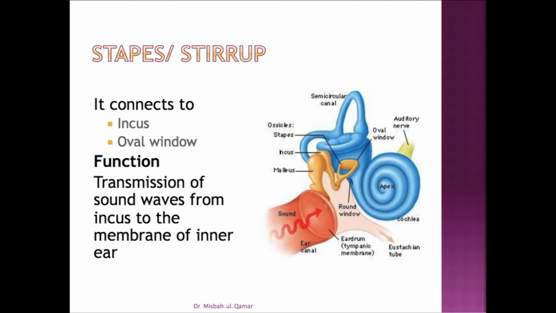And the foot plate, or you may call it the face plate, which is the base of the stapes, fits into the oval window of the internal ear, right? And what is the function of the stapes? That is the transmission of sound waves from the incus to the membrane of the inner ear.